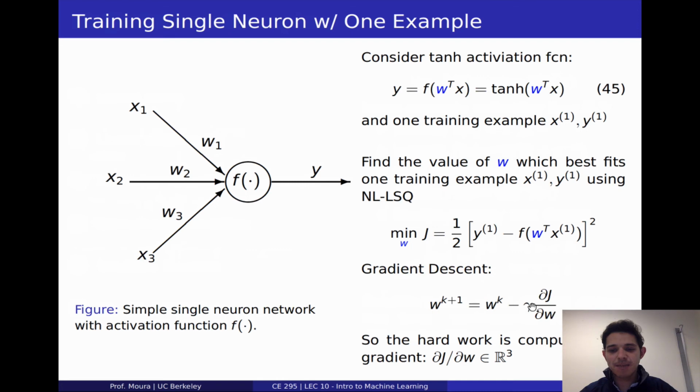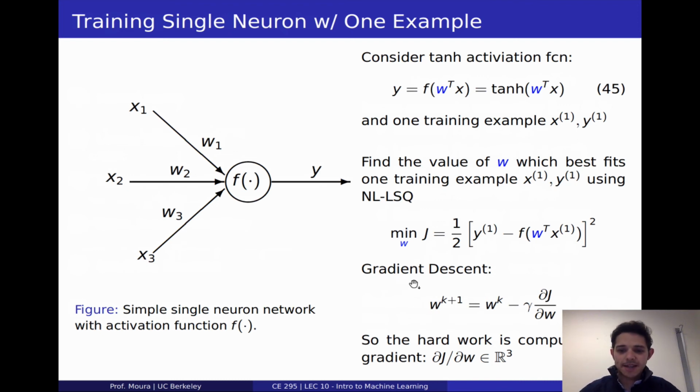Then I'll take a step in a direction opposite of that gradient, and the step size is gamma. And that is going to be the algorithm for which I define the next value of w. Now, gamma is the step size. And again, in the jargon of neural networks and machine learning, sometimes they call this a learning rate, but it's just a step size in gradient descent.